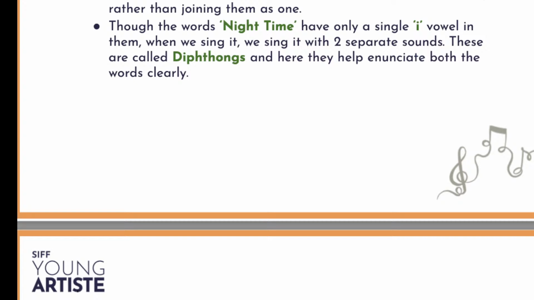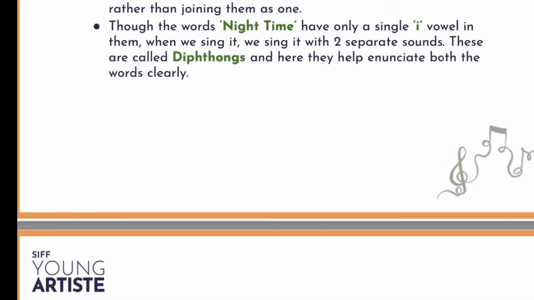Even though it's just an I, it has that I and E sound as well. So this is very, very common. It just helps enunciate both the words clearly, which is called a diphthong. A diphthong is when you have a vowel sound that is actually being broken into two sounds rather than one.